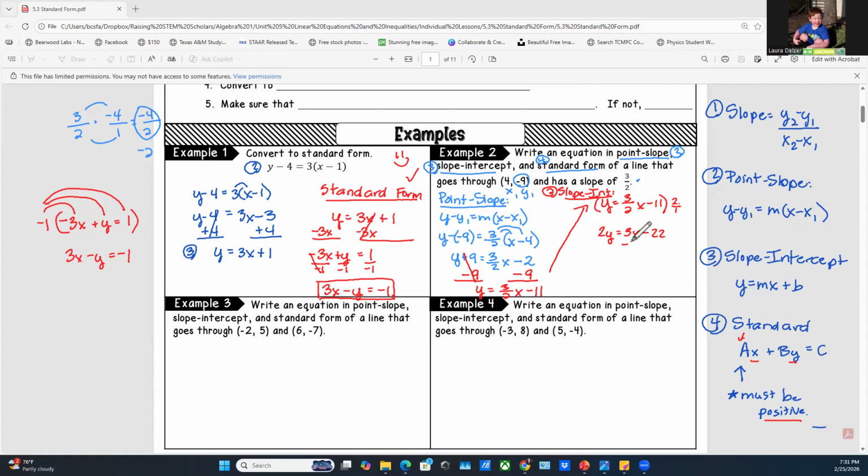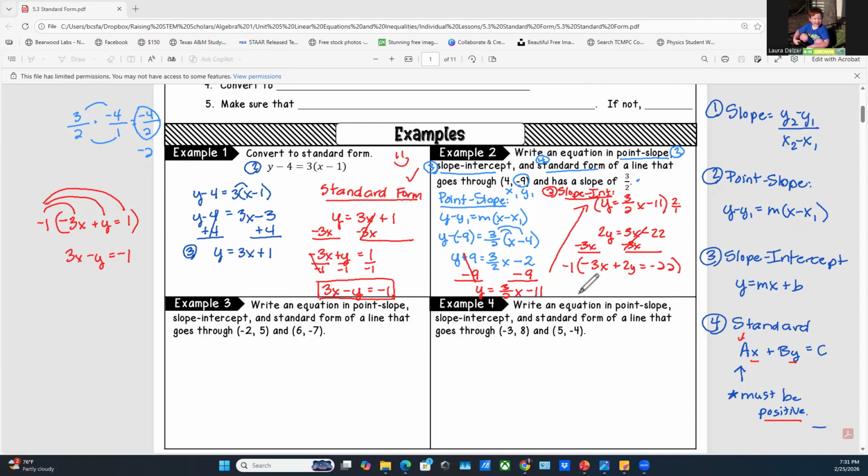We can move this 3x over. But we do have a dilemma. We've got negative 3x plus 2y equals negative 22. We cannot leave that negative in front. It saves us room if we just go ahead and multiply all this by negative 1, rather than dividing by negative 1 like I did on the previous one.